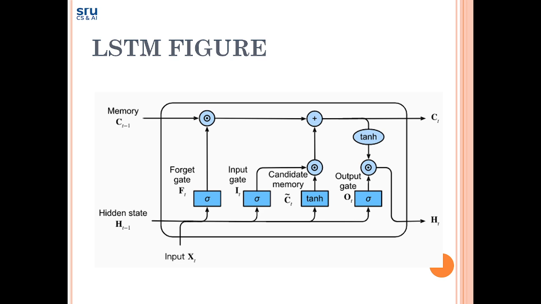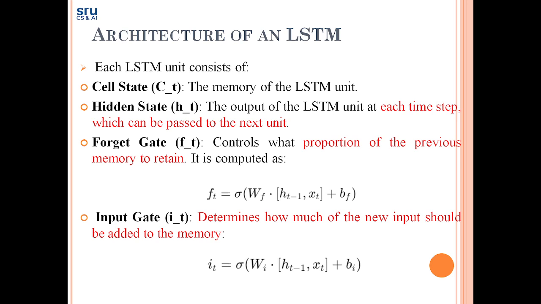and the output gate regulates what part of memory is used to compute the output at each time step. So this is the figure of LSTM, which is showing the forget gate, input gate, candidate memory and output gate. Now the architecture of LSTM: it consists of the cell state, which is the memory of the LSTM unit, and the hidden state, the output of the LSTM unit at each time step, which can be passed to the next unit.